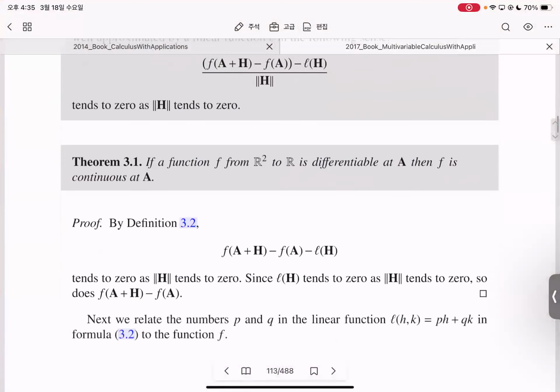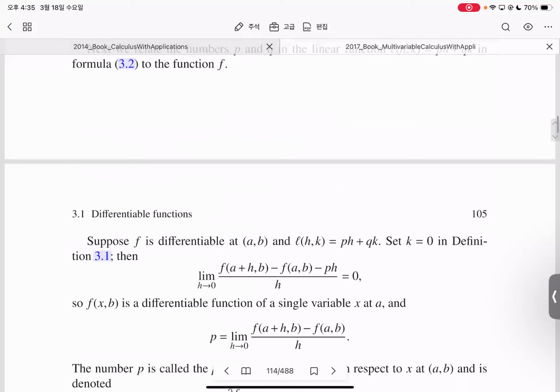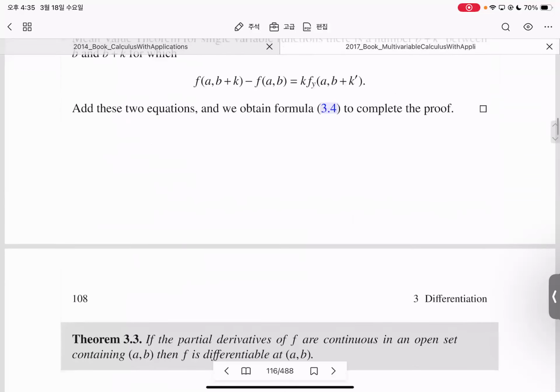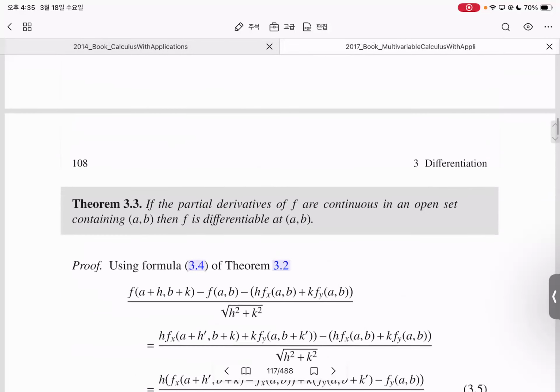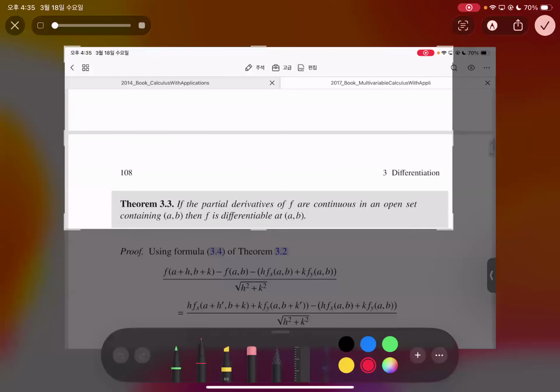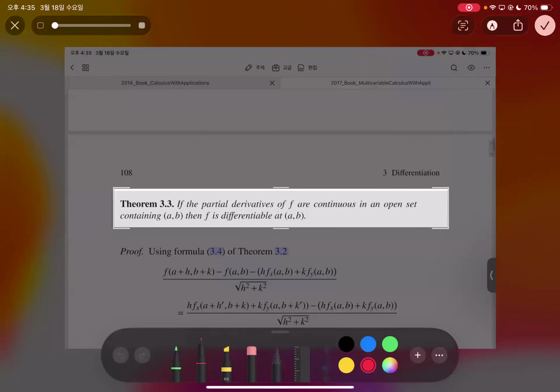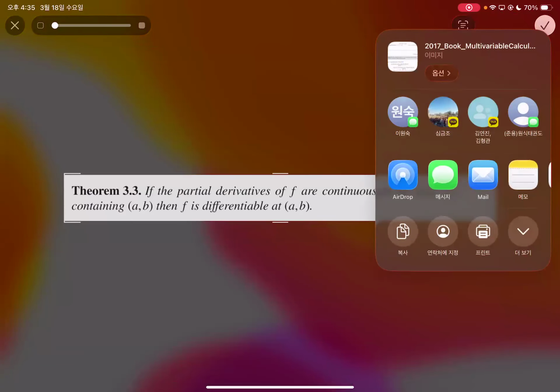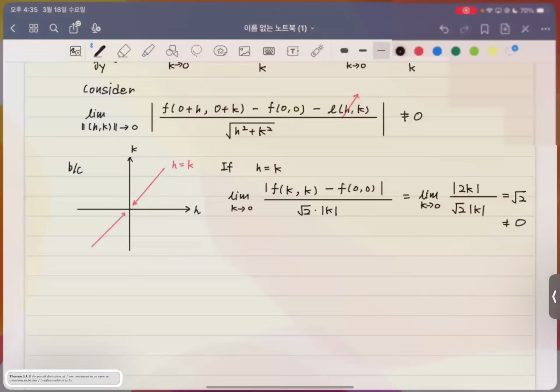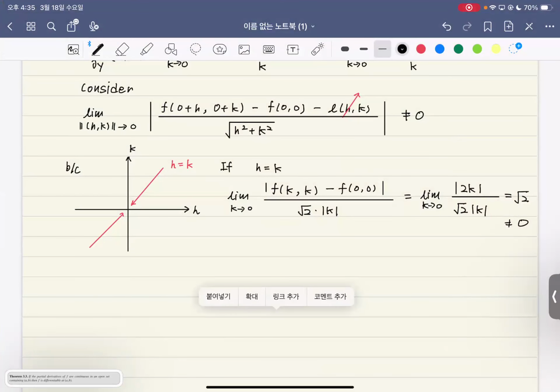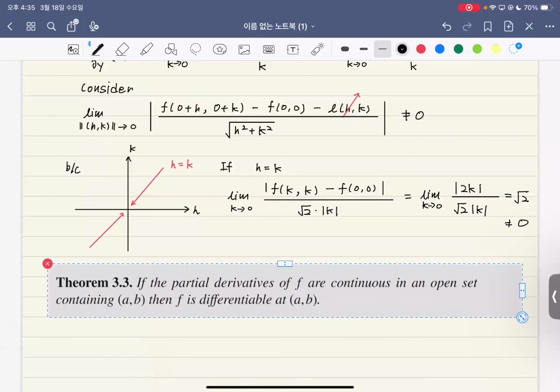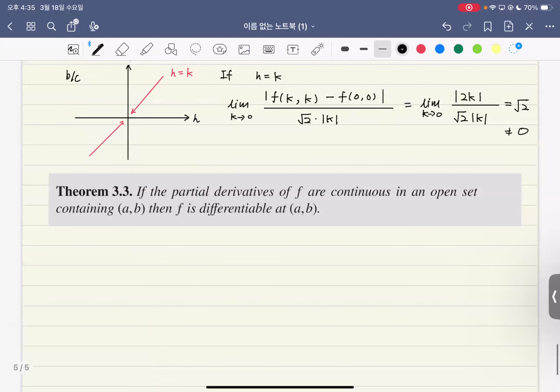What is that? If the partial derivatives of f are continuous on an open set containing A, then f is automatically differentiable.